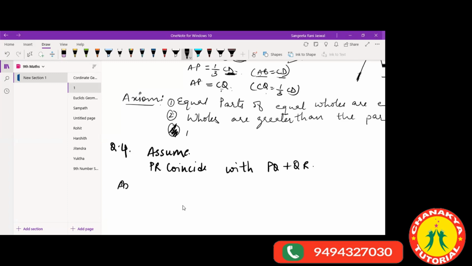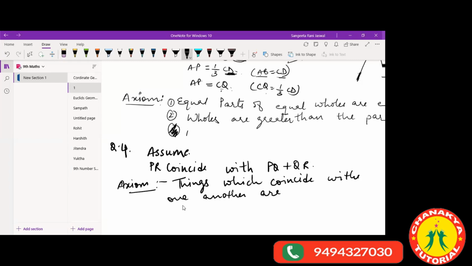And from the axiom, we can say that things which coincide with one another are equal to one another. So this axiom follows just by assuming another line which coincides with PQ plus QR, and so we can say PQ plus QR is equal to PR.